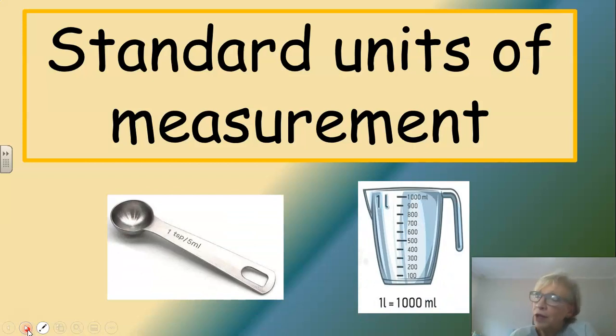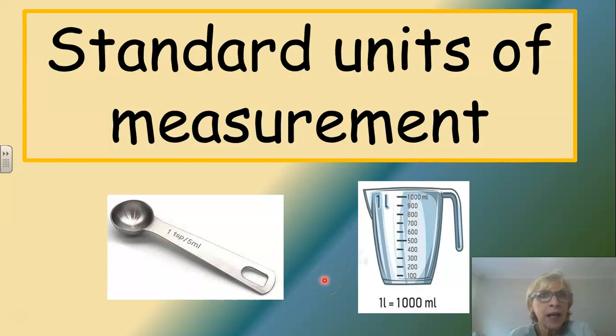To give you an example, look at that spoon there. That is 1 teaspoon. Teaspoon is written with 1 tiny t, s and p, and it is 5 milliliters. You're going to figure that out later. We're going to look at what that means. But here we have a jug, and this jug is a 1 liter jug or 1000 milliliter jug. You can see it jumps in hundreds, up to 1000 milliliters, which is the same as 1 liter.